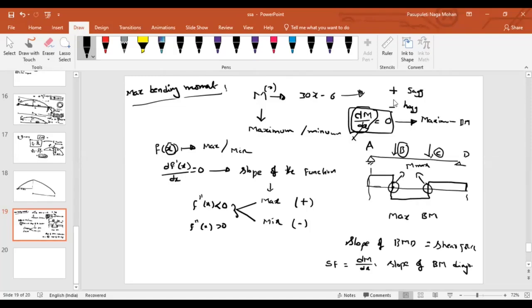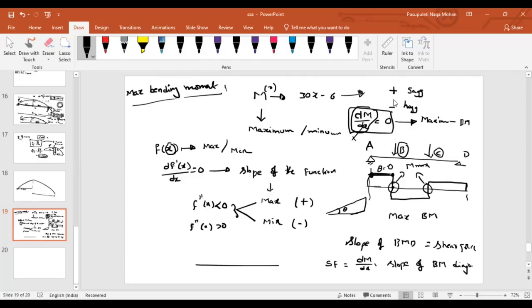You can see what the slope is between point A to B. The slope is constant, it is not zero, it has some value, or the slope is equal to zero. If I take an inclined line, you have a slope.